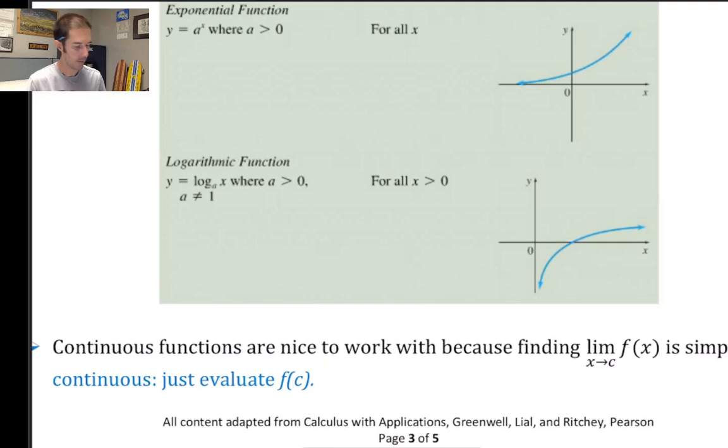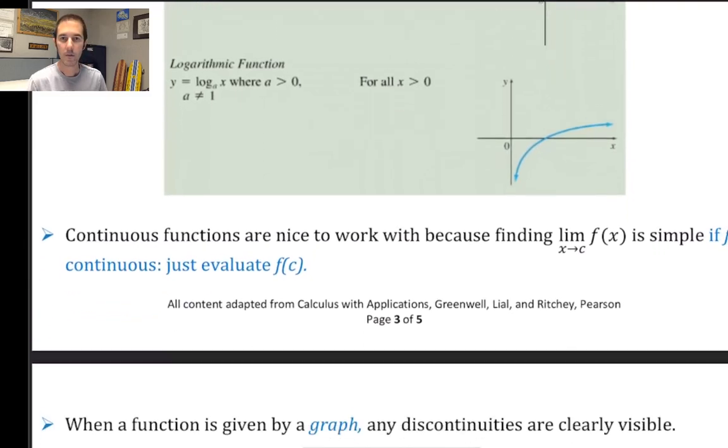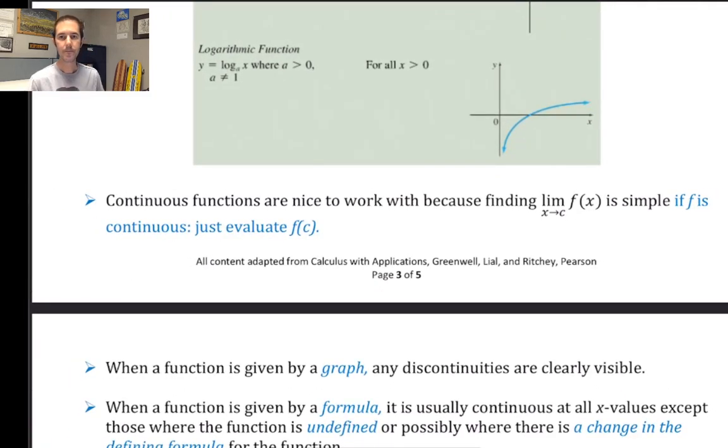So, a nice summary of different types of functions and some notes about their continuity. If you have a continuous function, or if you can make your function continuous, then how do you make a function continuous? Potentially by removing a removable discontinuity, like I mentioned, being able to cancel out a factor in the denominator.